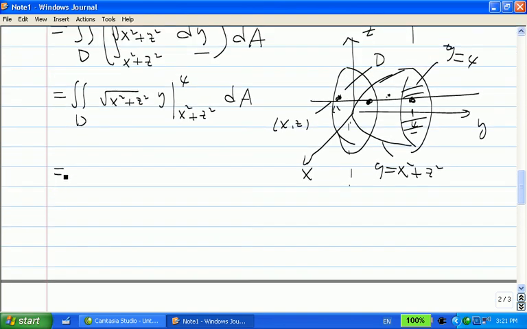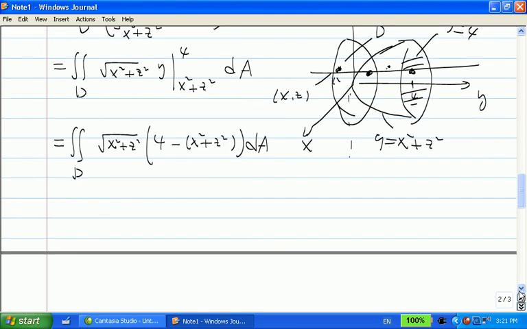This is equal to square root of x squared plus z squared, replace y by 4, subtract, replace y by x squared plus z squared, dA. So now we change the triple integral to a double integral.